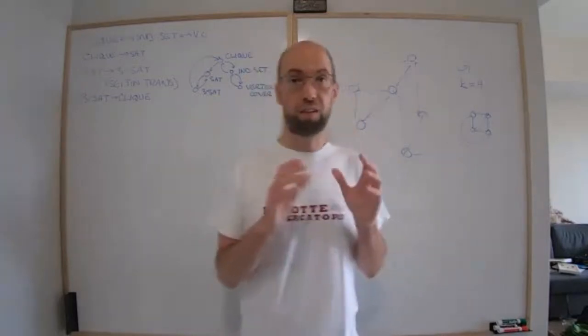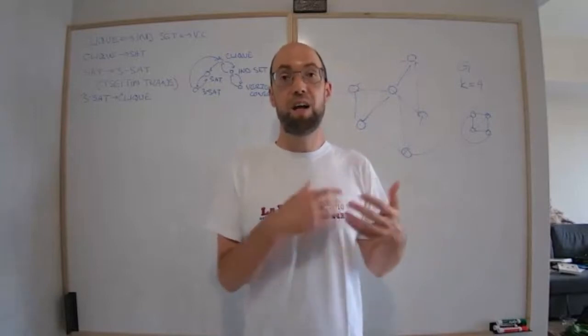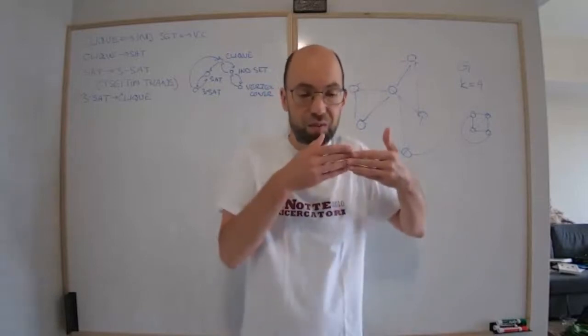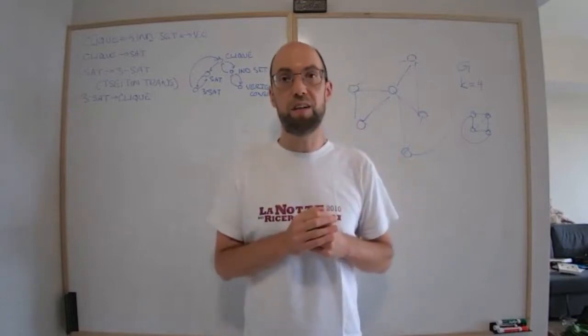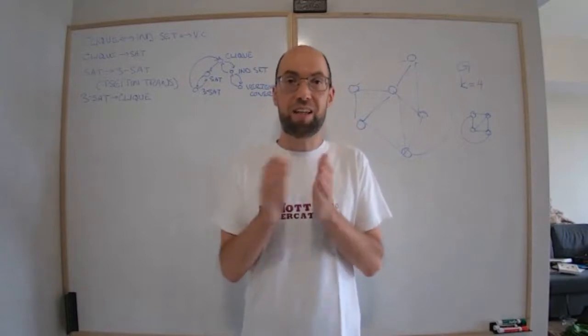Remember when we were talking about factorization, we said polynomial time algorithms should run in time polynomial in the size of the representation of the input. So when I write k, I'm going to use log k bits.